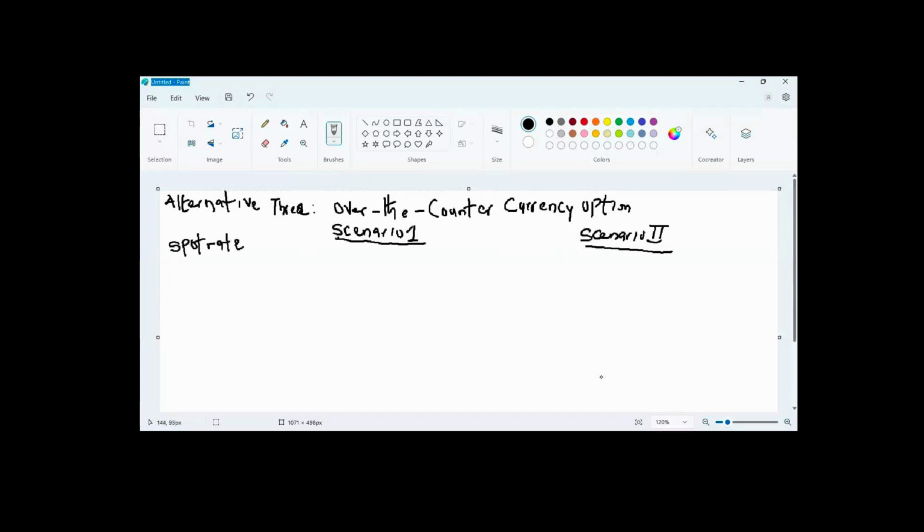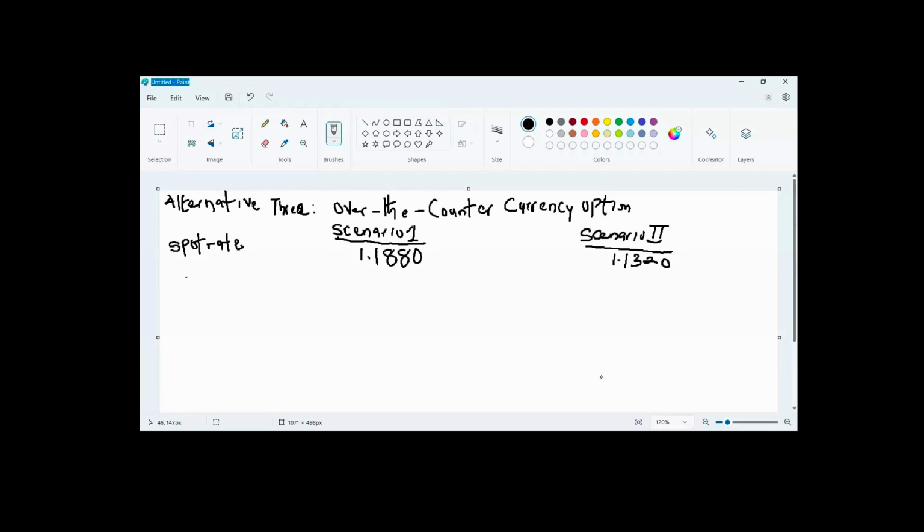If scenario 1 should happen, I'm going to use 1.1880. Remember? That is the spot rate I'm going to select if scenario 1 should happen. If scenario 2 should happen, I'm going to select 1.1320. This is the spot rate.